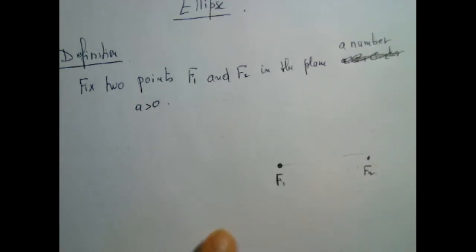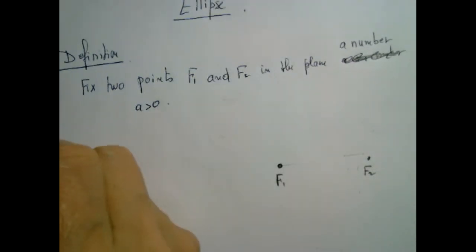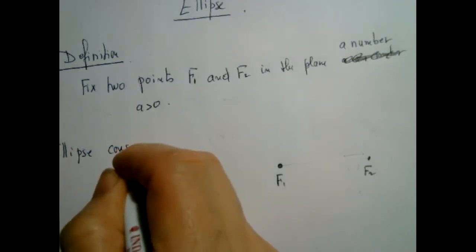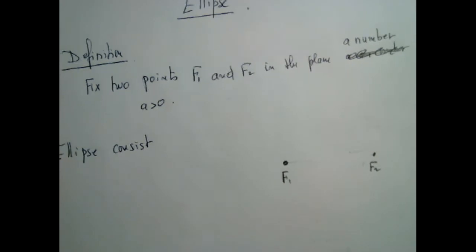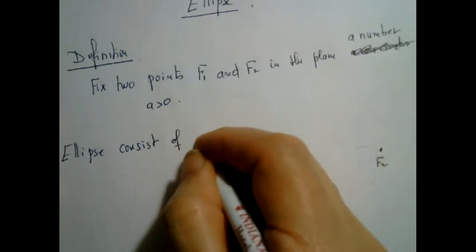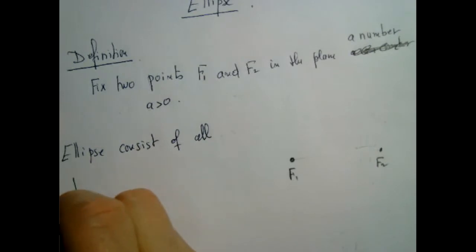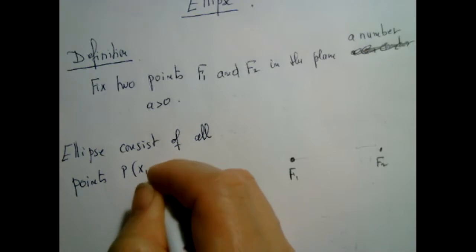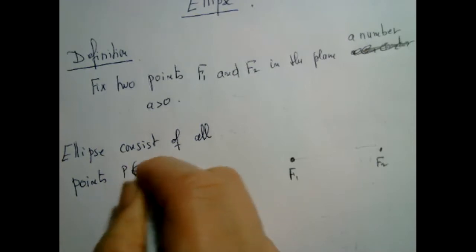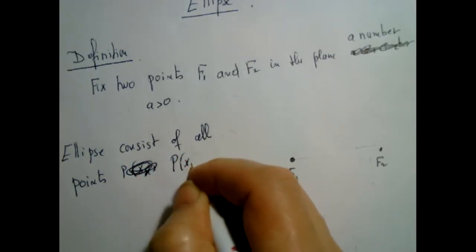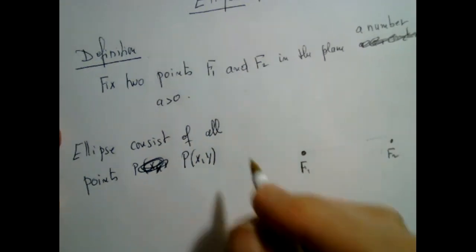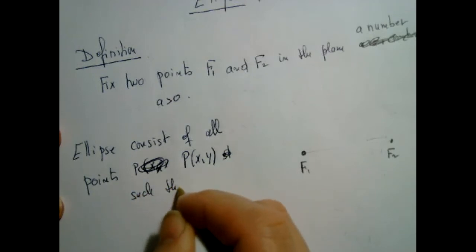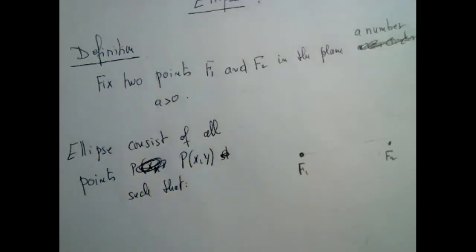Okay. Ellipses. The ellipse will consist of all points P with coordinates x, y, all points such that, first I tell you the picture.